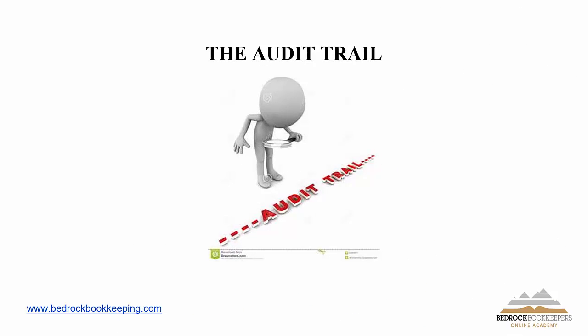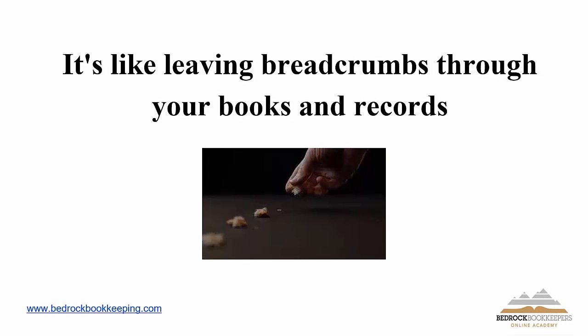Okay, so the audit trail is going to be a step-by-step process. This is what we call the books and records. The books show the numbers that have arrived on your tax return. They didn't just arrive there, they were put there by somebody. And now where did those numbers come from? That's the records. Those are the documents.